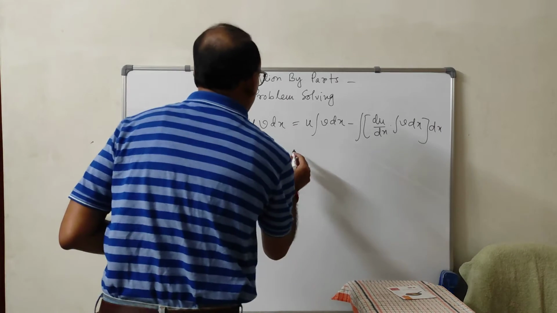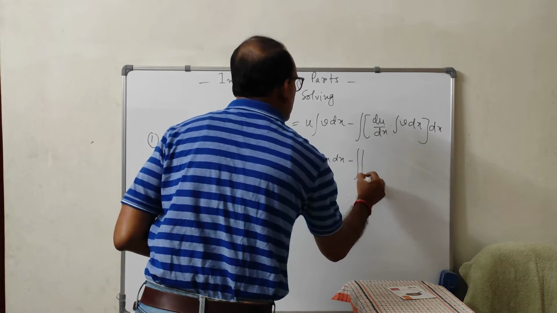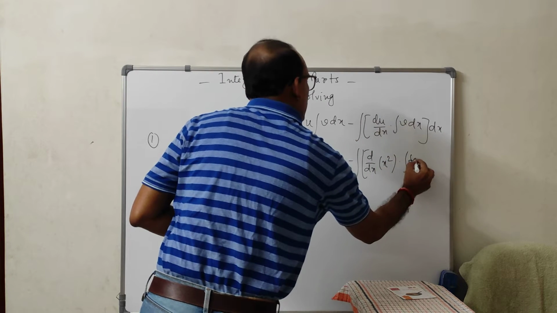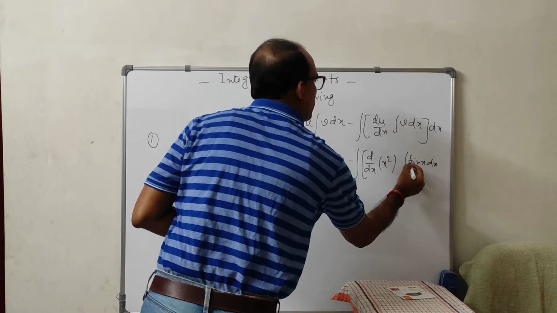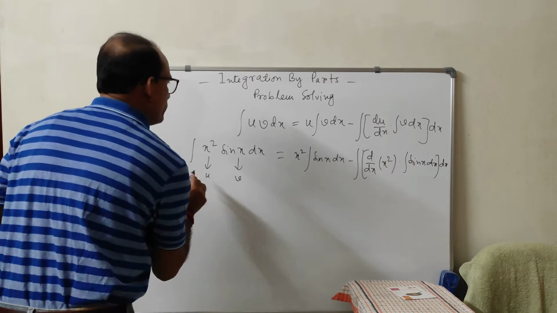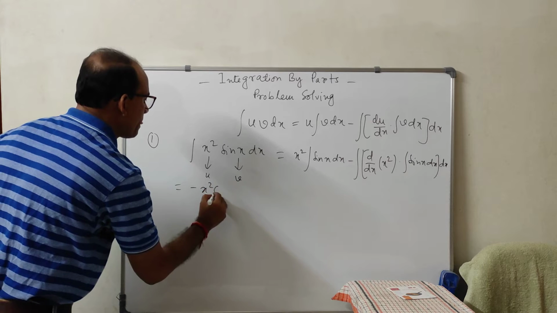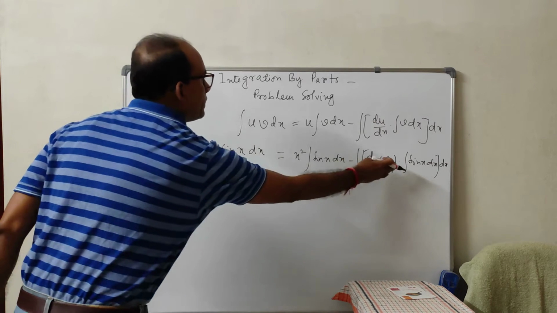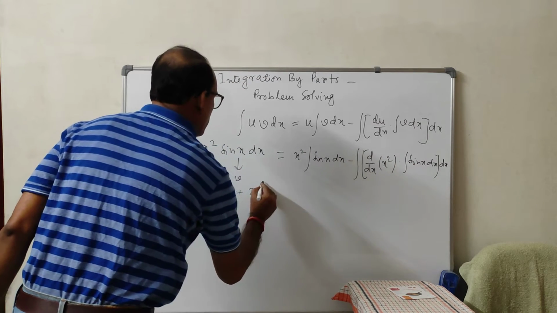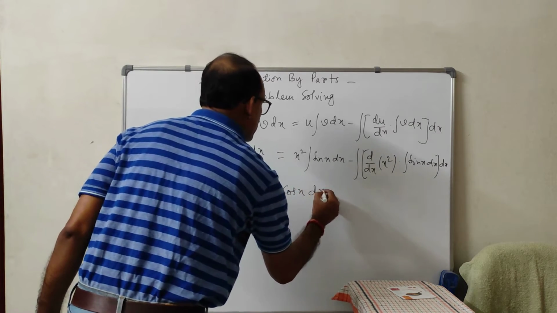So x square integration sin x dx minus integration of d/dx of x square into integration sin x dx whole dx equals, what is integration sin x? This is minus cos x, so minus x square cos x, minus 1 minus sin will come, minus 1 plus is 2x into integration x cos x dx.